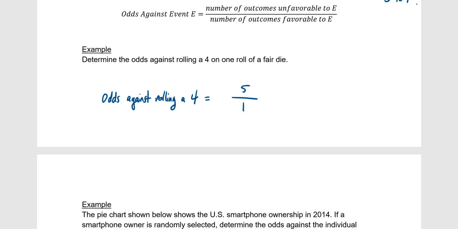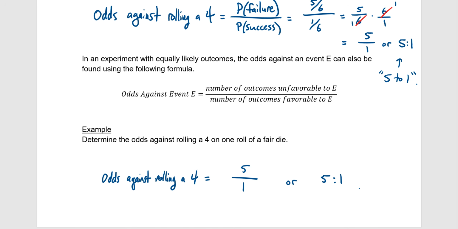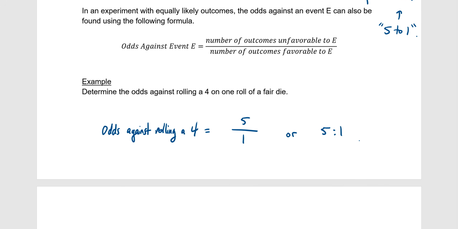So that's 5 to 1 once again. That's because if it's equally likely, then as we saw up here, those denominators just cancel and we're left with the numerators.